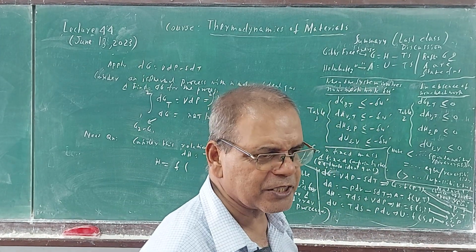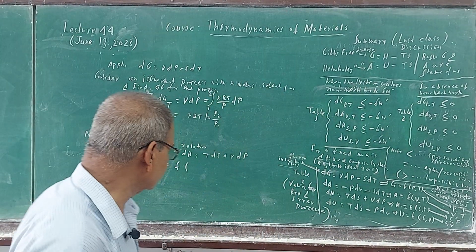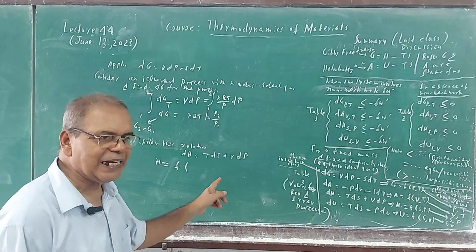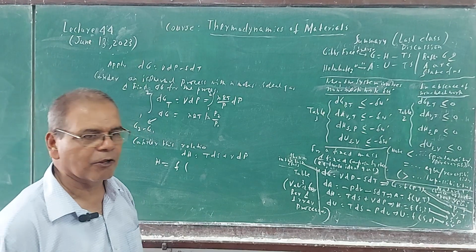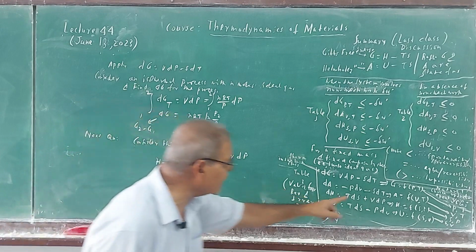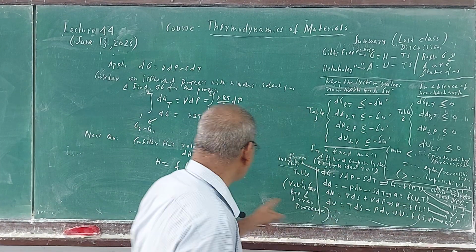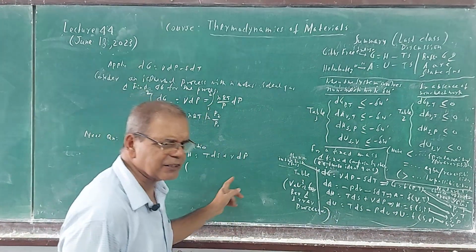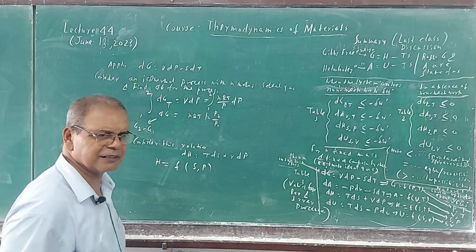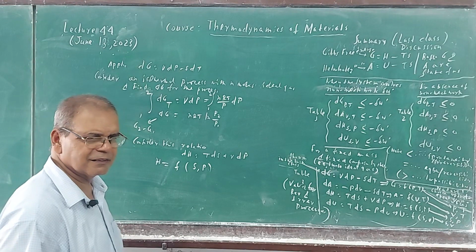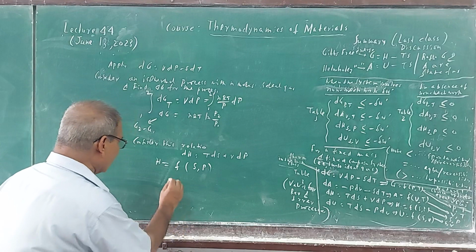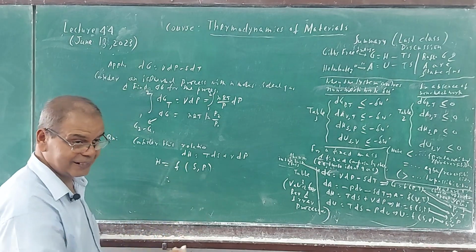Many more relations are coming first. See, there are many. So follow. Let's consider the relation. In the light of this relation, I am removing your mental block. What I said here: H is a function of S, P. You see here, function of SP. What is this SP? Naturally coming, you may consider this.